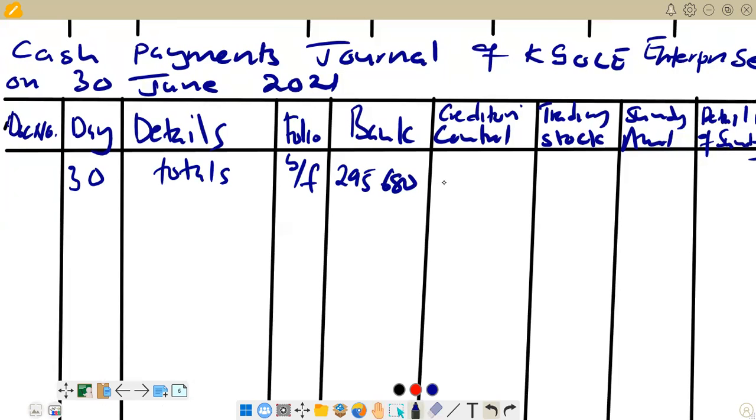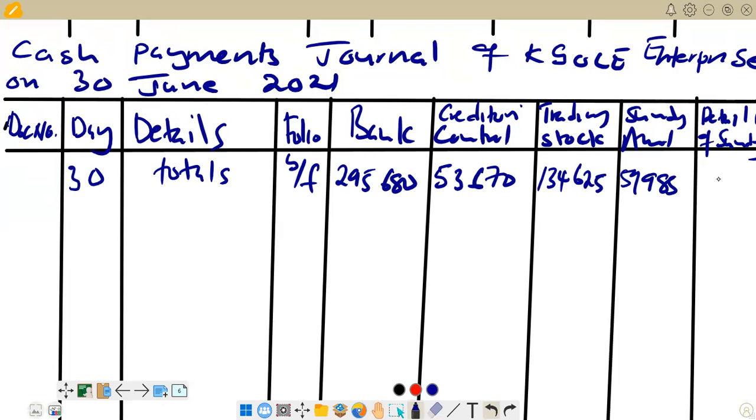Creditors control, the figure is 53,670. For trading stock, we have 134,625. Then for sundry amount, we have 59,985.